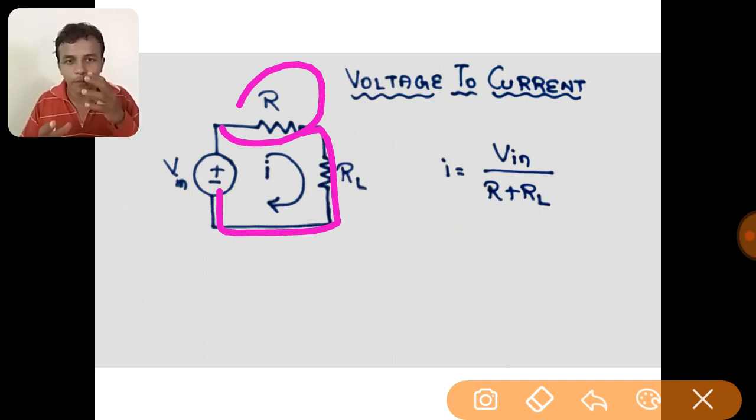But the way voltage maintains itself constant is different from the way current maintains itself constant. In parallel connection we say that voltage is constant, but in reality there will be some amount of loss in voltage, whereas in series connection current is constant, and there won't be any loss in current.